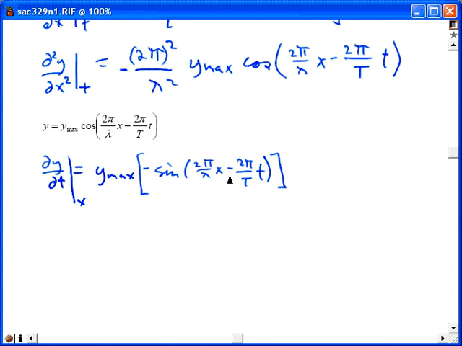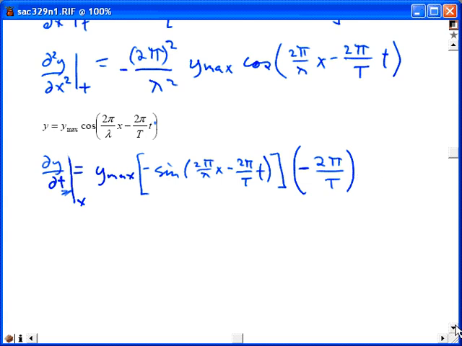And then times the derivative of the argument with respect to t this time, because we're taking the derivative with respect to t. So it'll be times a minus 2 pi over capital T. You can think of that as taking the exponent here, which is a 1, an implied t to the 1, bringing it out front, and then reducing it by 1, which gives t to the 0, which is just 1, and I didn't write the 1.